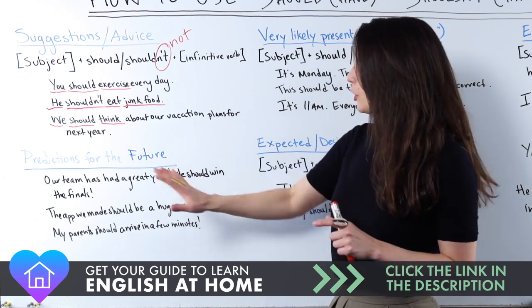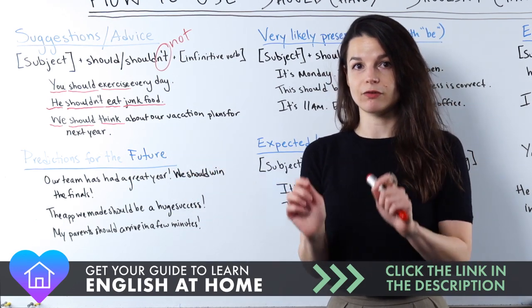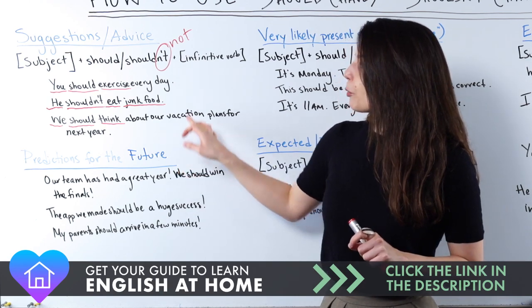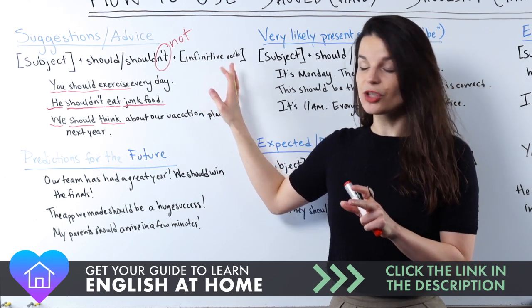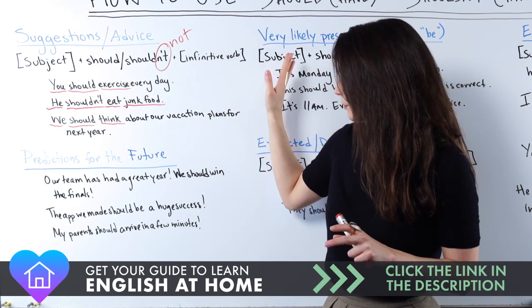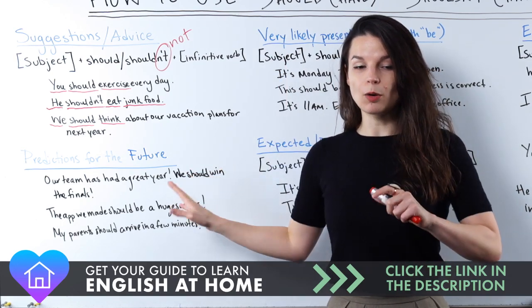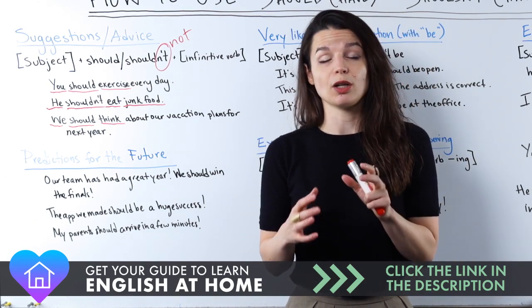Let's continue now to using should to make predictions for the future. So when we do this, the grammar we use is the same as this one. So there's no change to the grammar here. So how do we know it's a prediction? We know based on the context, based on the conversation, on the situation.